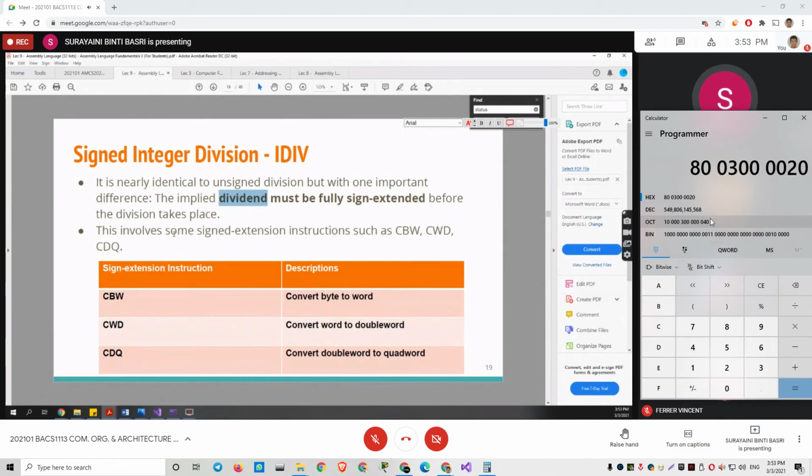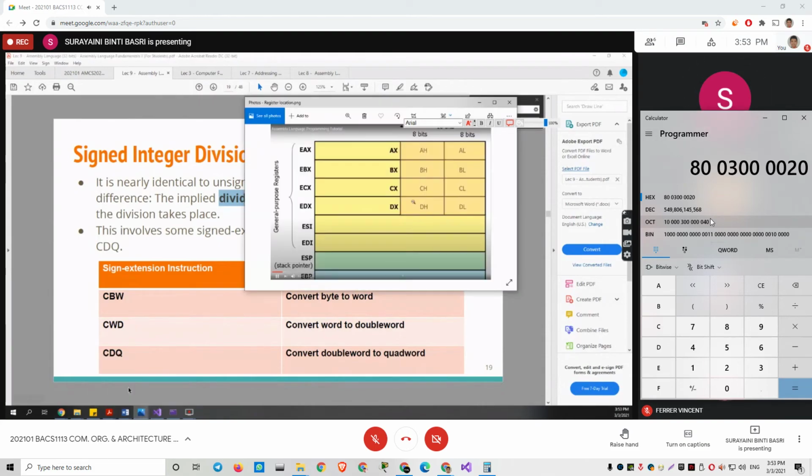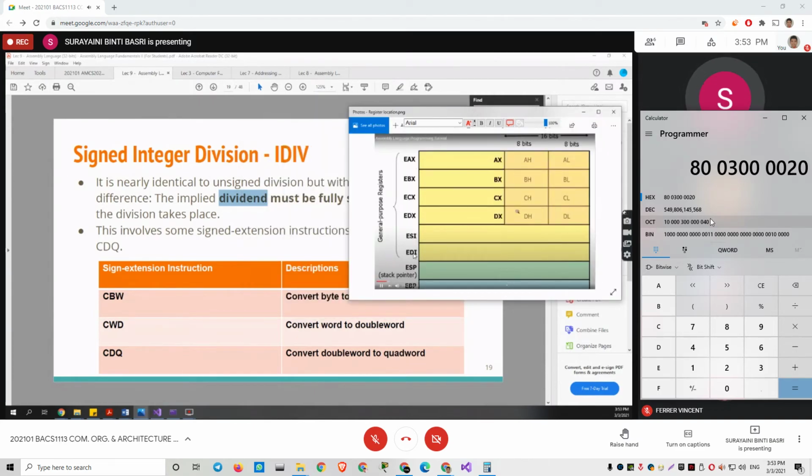Yes, your dividend value must be fully sign extended, meaning if your dividend is only up until 16 bit, meaning it only stores the AX value, but you need to fully extend it.